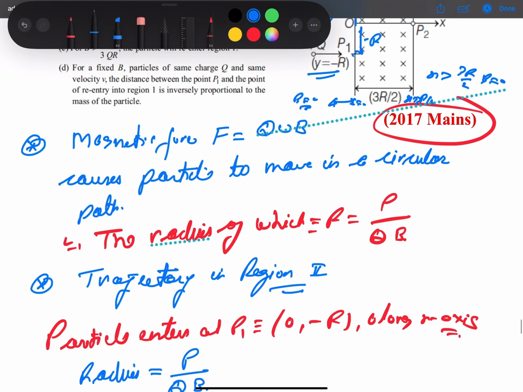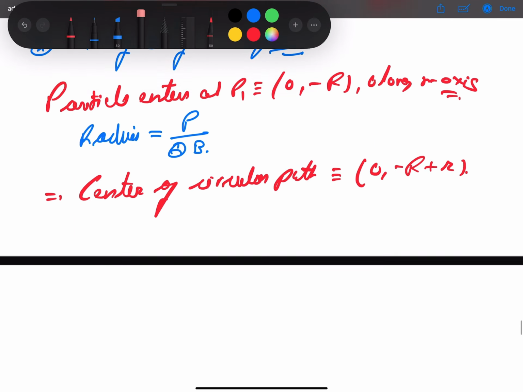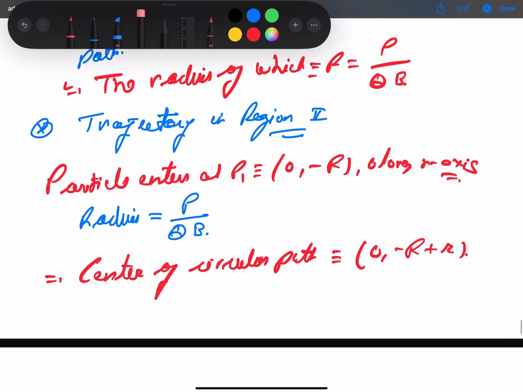So we are given that the radius is our small r.